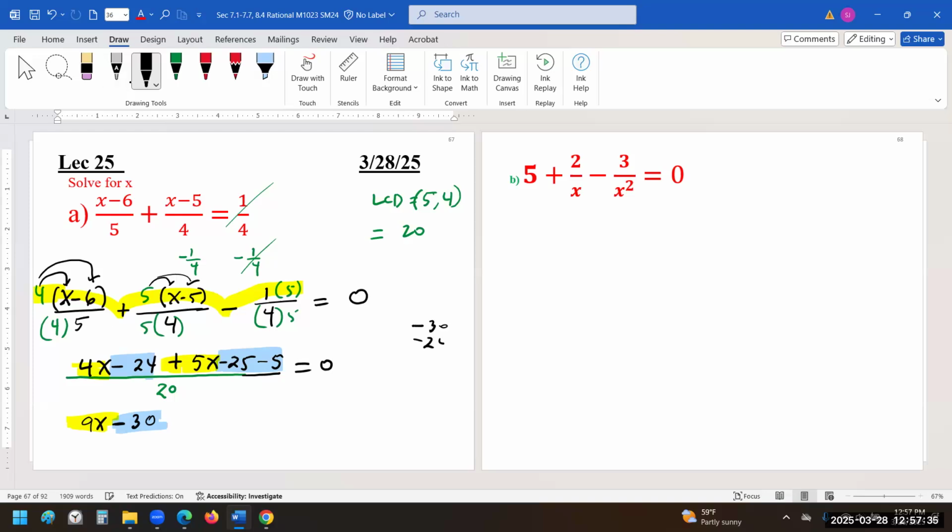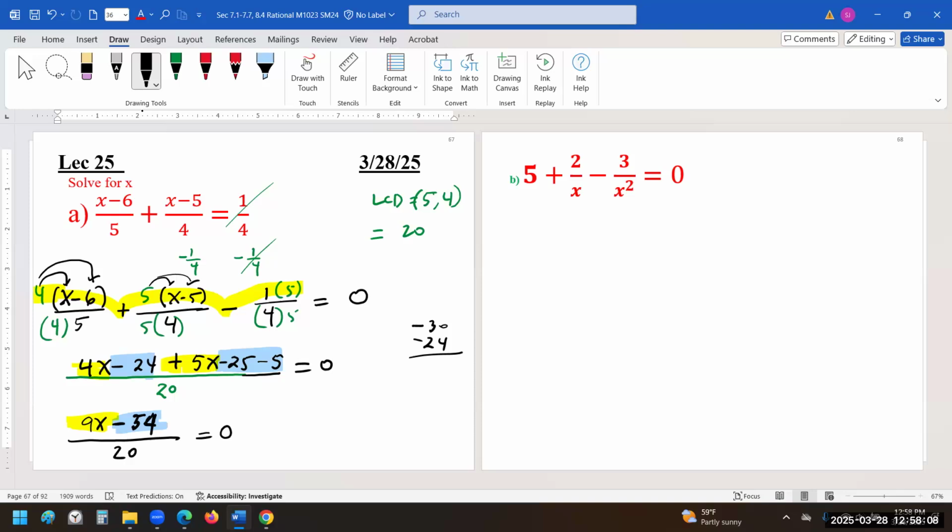Negative 54. So we have negative 24, negative 25, negative 5. Negative 5 and negative 25 gives us negative 30. And you're also subtracting 24, so that means you're adding them. So negative 54 divided by 20 equals 0.